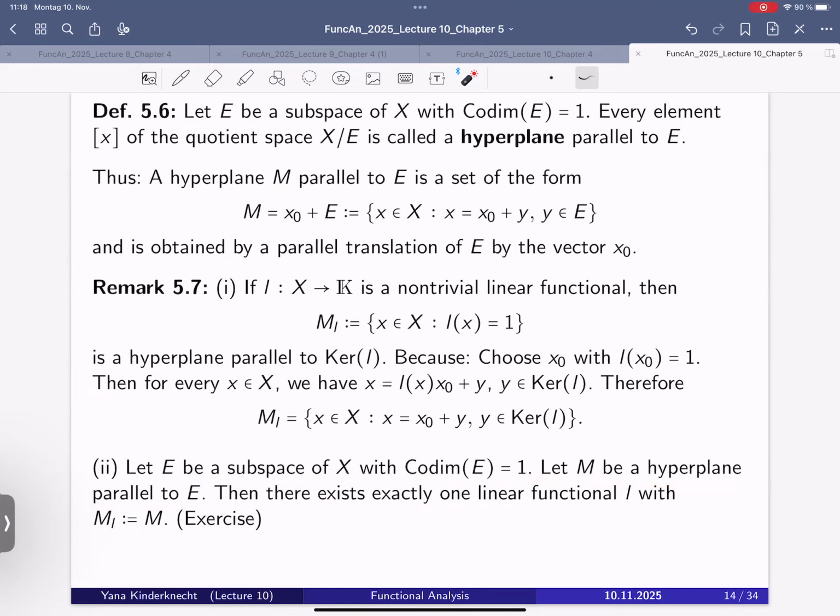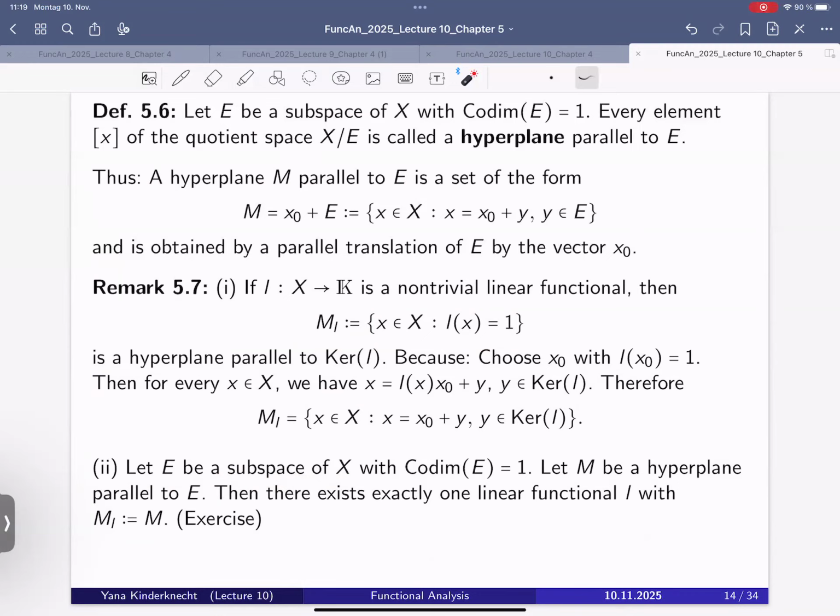Okay, so hopefully you have some impression of how linear functionals are related to hyperplanes. What is the kernel of a linear functional? So, summary. If we have a linear functional, we consider its kernel. It's a vector subspace of a given vector space X with codimension 1.